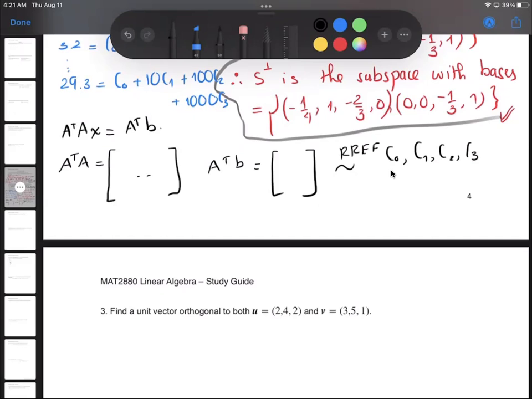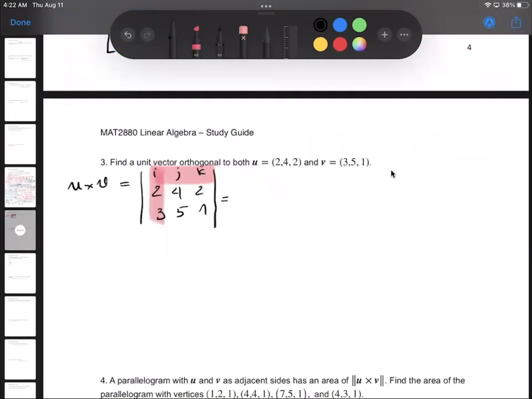And now you find the determinants of the minors. For the component i, if I cover its row and its column, the determinant would be 4, 2, 5, 1. Crisscross subtraction: 4 times 1 is 4, minus 2 times 5, so 4 minus 10 is negative 6, i.